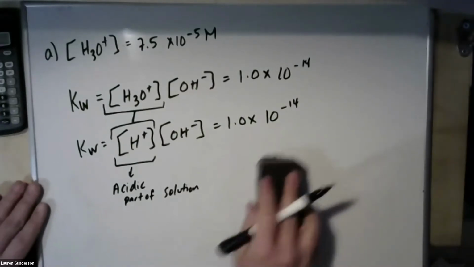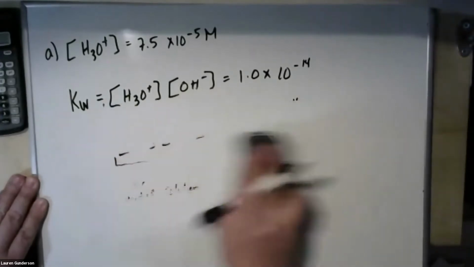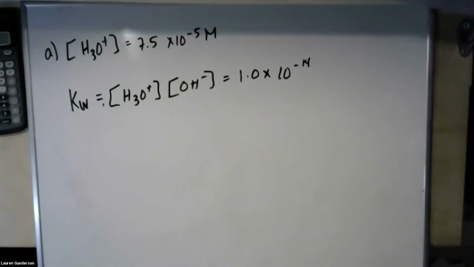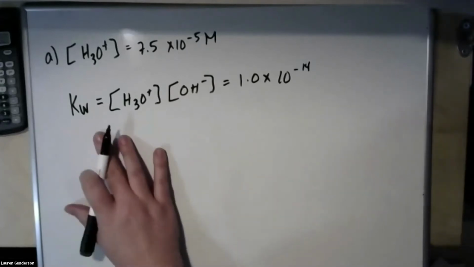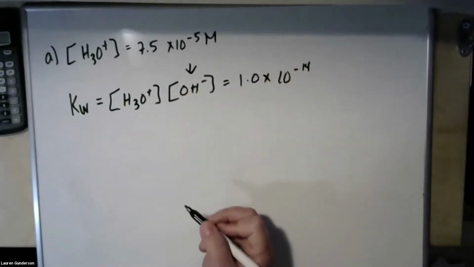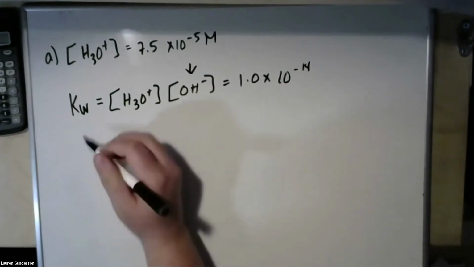In either case, what we're really going to focus on is how to use this KW expression to solve for our hydroxide ion component. We can set this up just like a math problem at this point, because this is our unknown, so we can solve this expression for hydroxide.